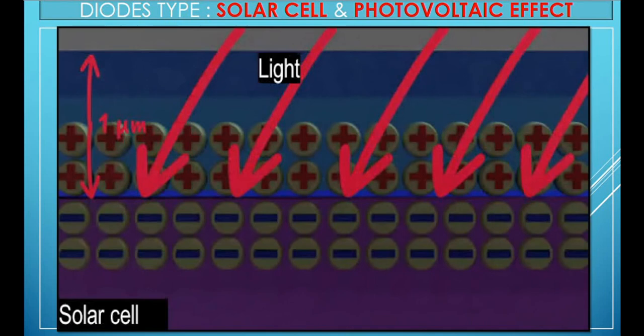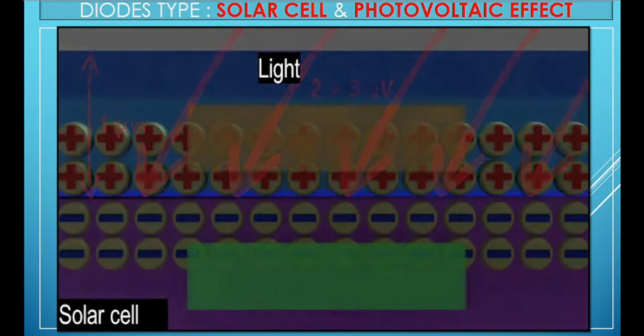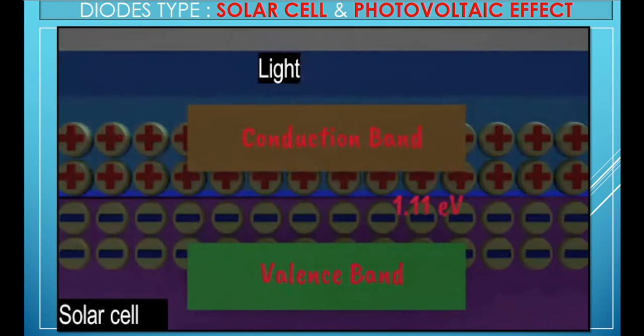And the light energy is approximately 2 to 3 electron volts. And you know that for silicon, the difference between the valence band and the conduction band is about 1.1 electron volts. So this light energy can easily break bonds in the valence band. By breaking bonds, electron-hole pairs are generated.